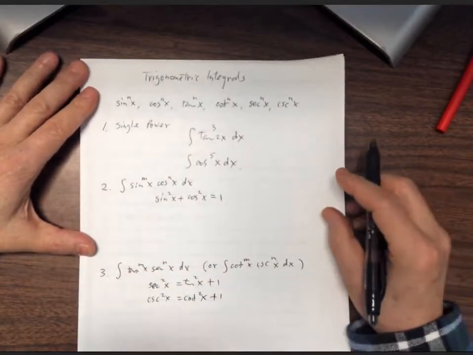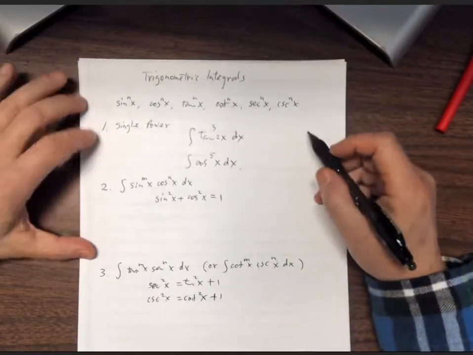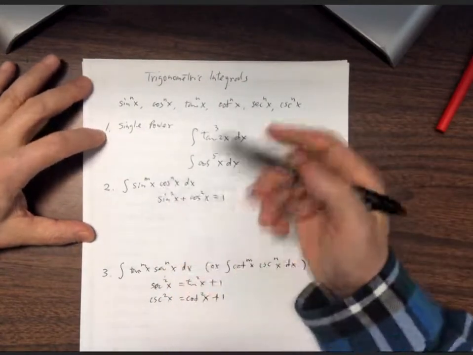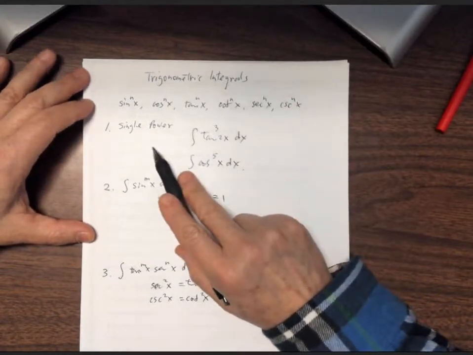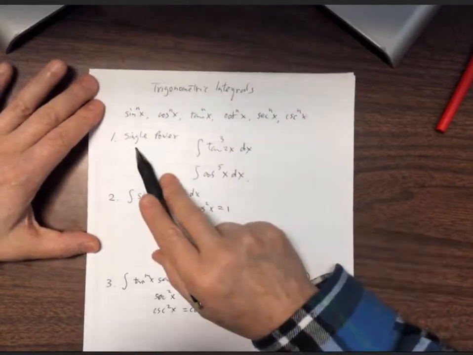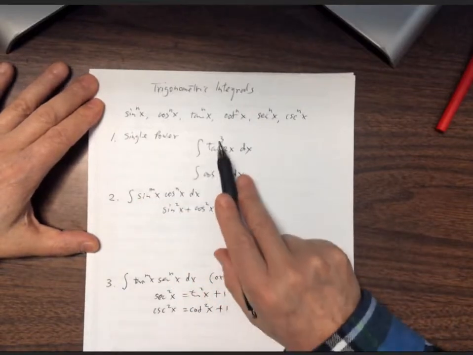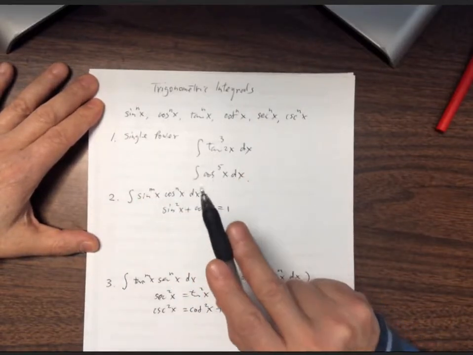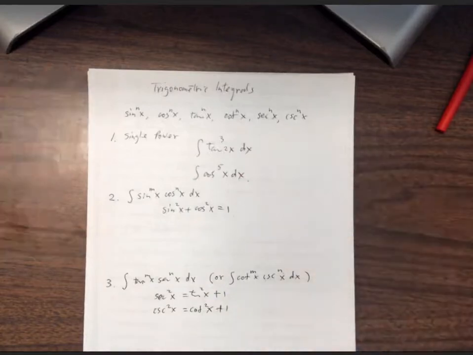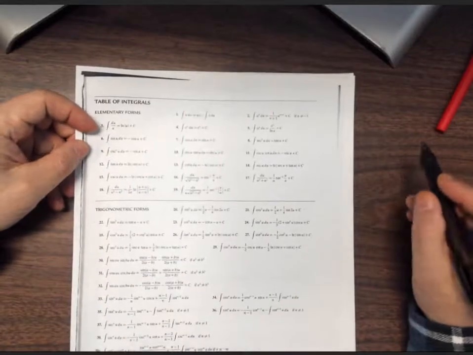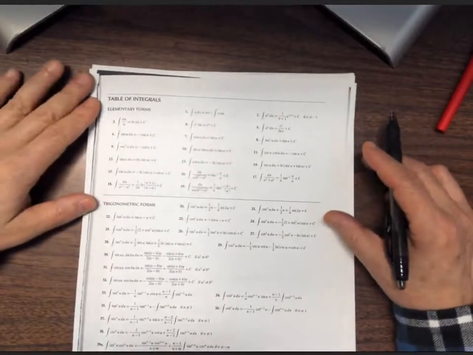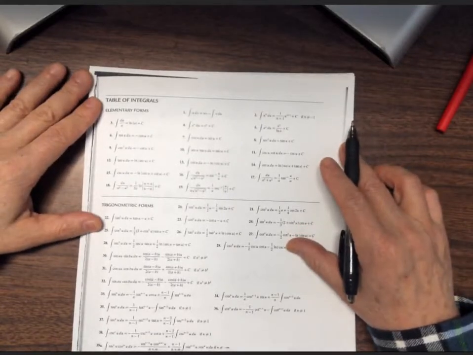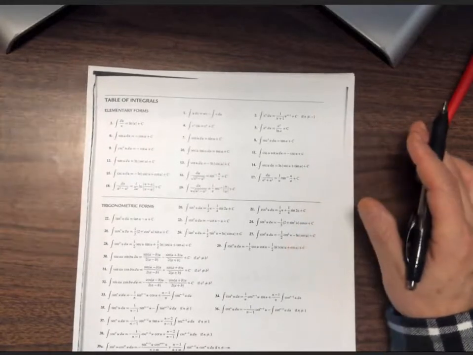Now, before we get into much detail, let's just have some general idea of how we approach integrals in each group. First group, single power. If it's a single power, we can always use a formula. There is a table of integrals in the book. You can find it in the book, usually depending on the version of the book.